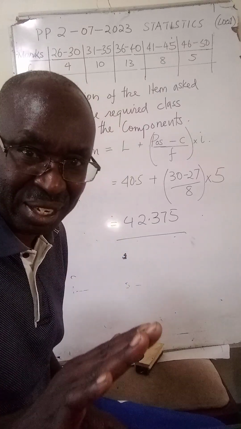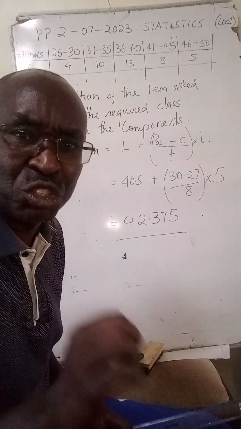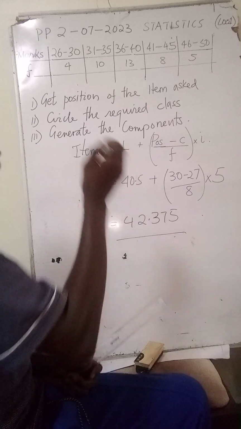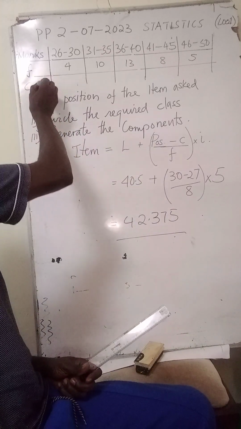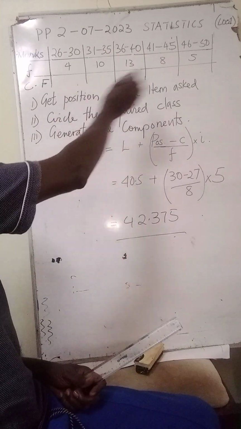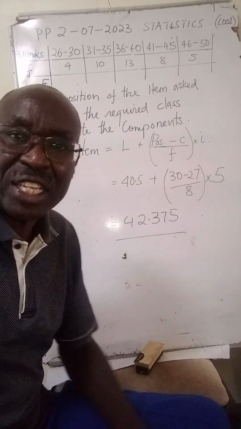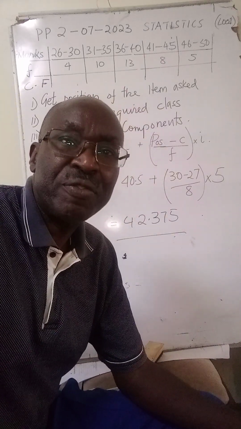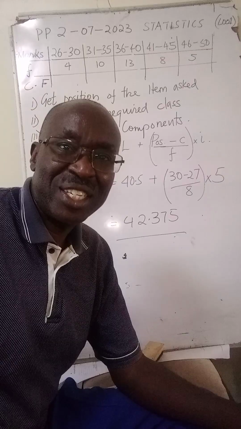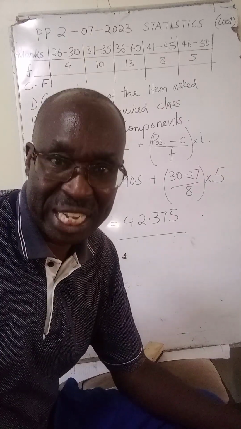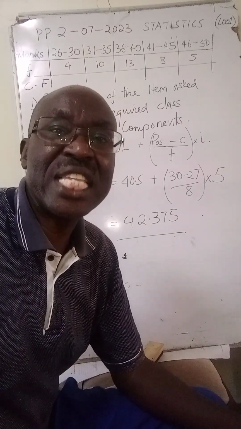But before that, I think the first thing you should be able to do is to get the cumulative frequency. So let us put CF. That's why I left that space. The first thing you get is cumulative frequency. In other words, you add systematically the frequencies.